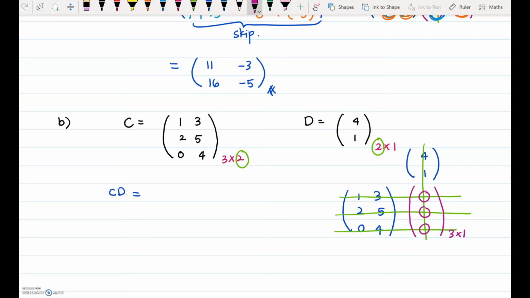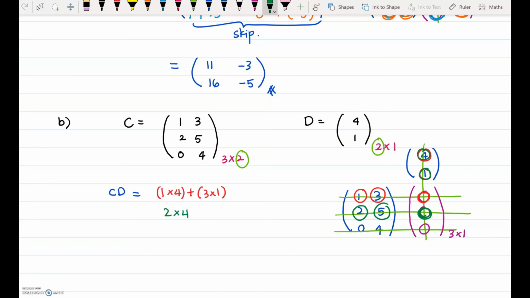All right, for the first one, let's use red color. For the first entry here, it will be 1 times 4 plus 3 times 1. Next, for the second one, let's use green. We have 2 times 4 plus 5 times 1 in the second entry.